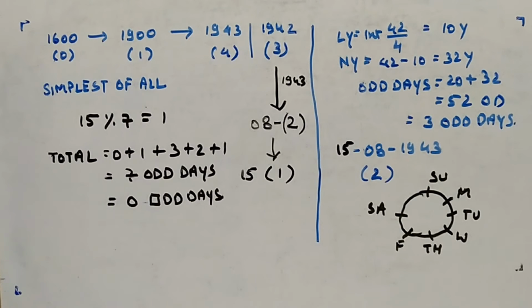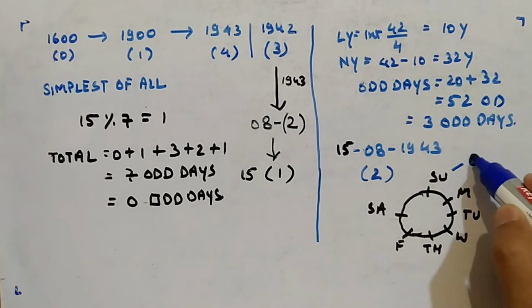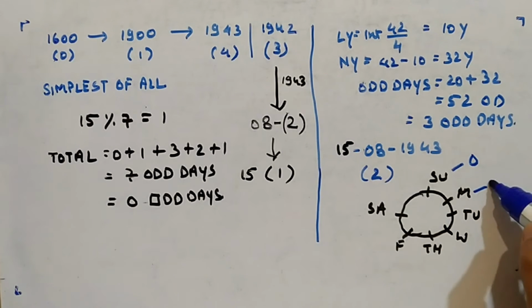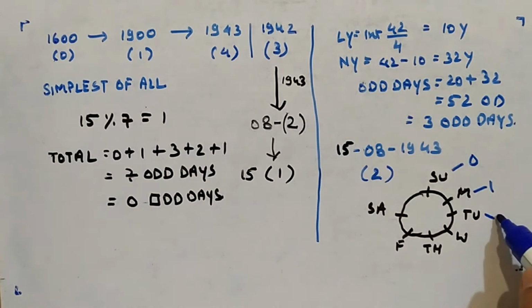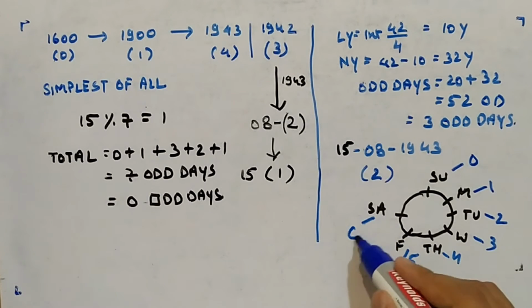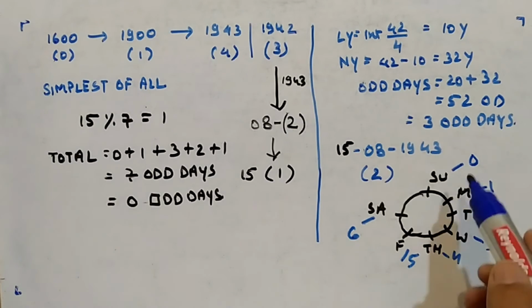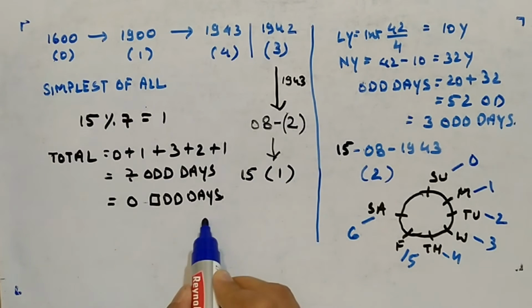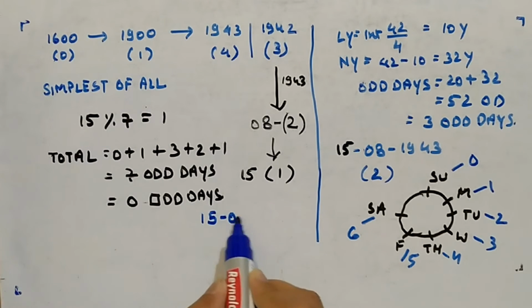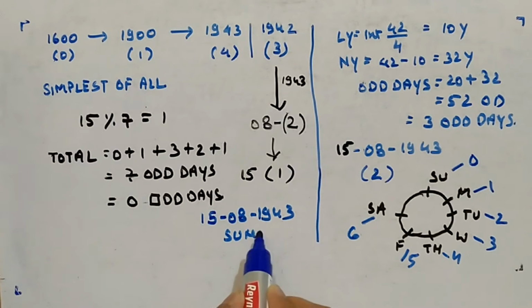This circle or figure you have to remember. Sunday you mark as 0 odd days, Monday 1 odd day, Tuesday 2, 3, 4, 5, and this is 6. The number of odd days you are getting is 0, so it was Sunday on this date. 15th August 1943 was a Sunday.